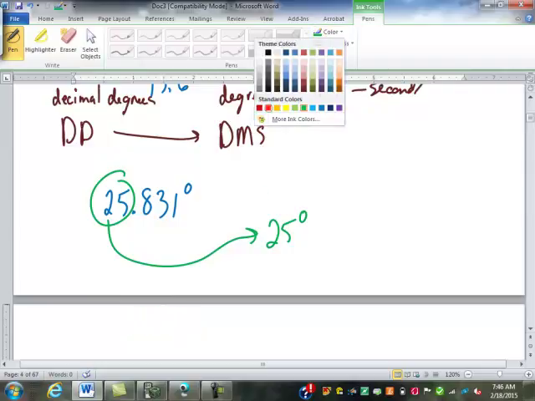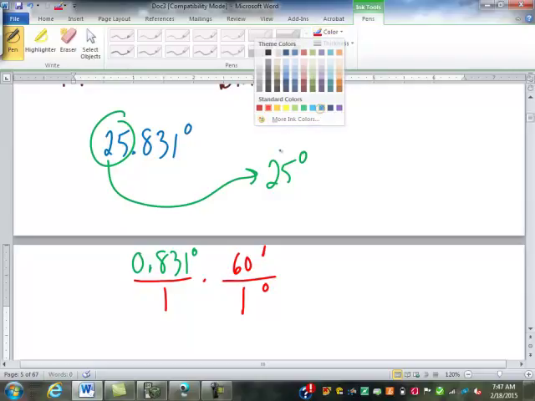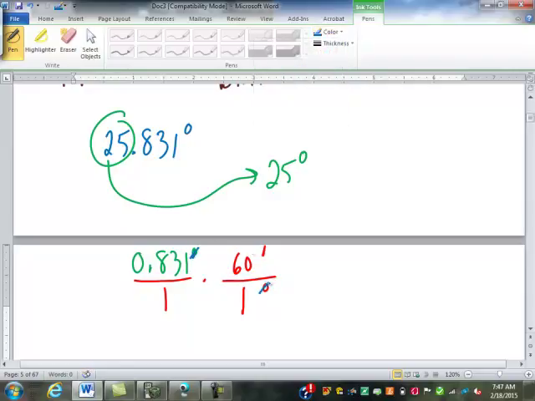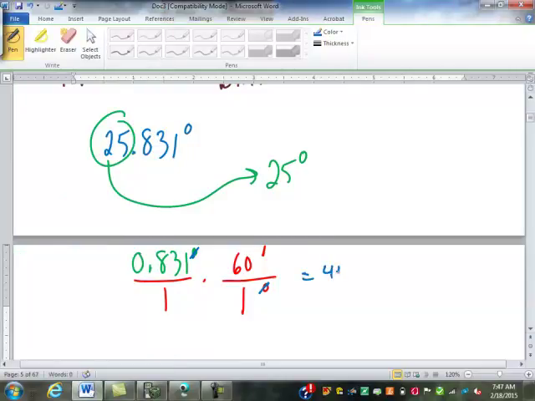If you remember from last semester, our formal conversion: put it over 1, make it a fraction, put degrees down here, minutes up there. 1 degree is 60 minutes. So the degrees cancel out. The 1 times 1 is just 1. We don't have to worry about that. 0.831 times 60 is 49.86. Good.